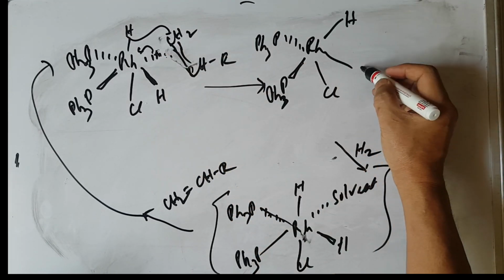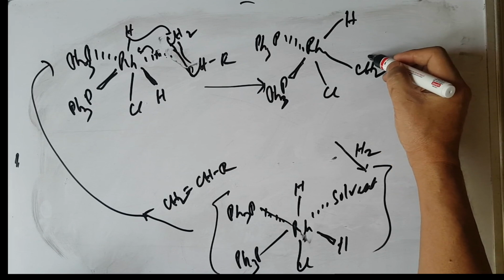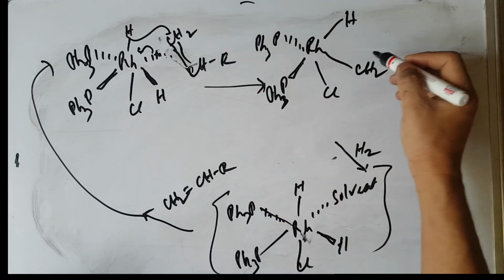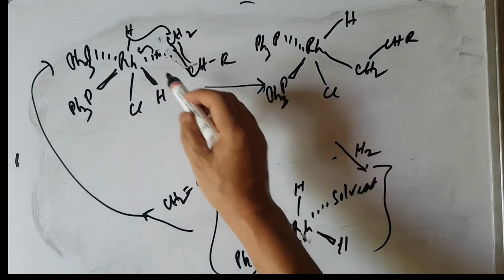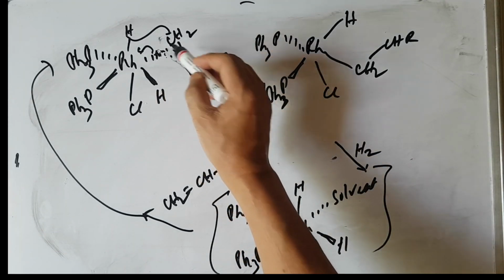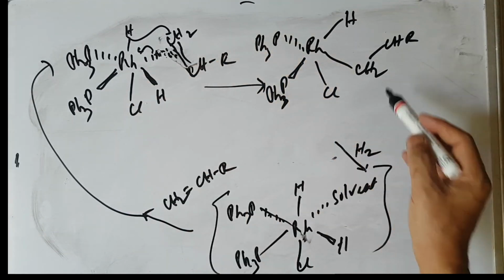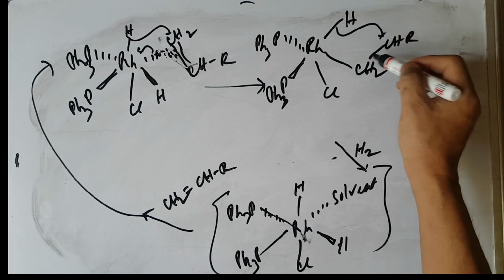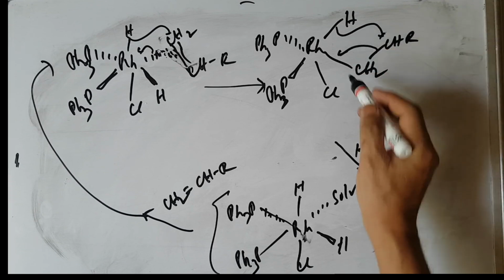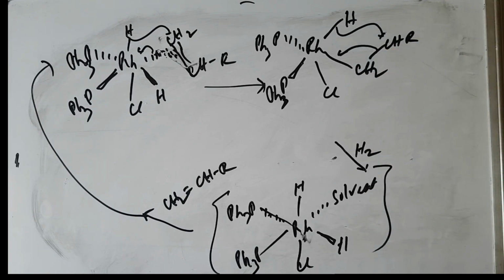The hydrogen links with this CH2, and then with CH2=CHR. This pi bond links with this one. Then again a transfer occurs here, and you get the final product.